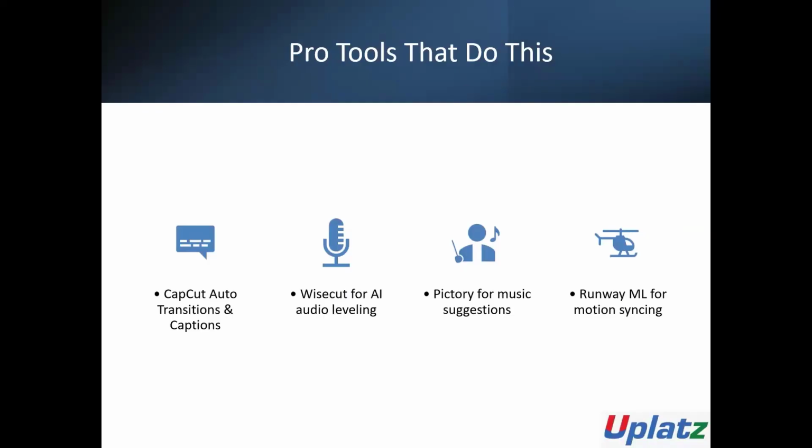We can also understand the pro tools that do this. We have CapCut for auto transitions and captions. Another is Wisecut for AI auto leveling. Then we have Pictory for music suggestions. And we have Runway ML for motion syncing. That is amazing.